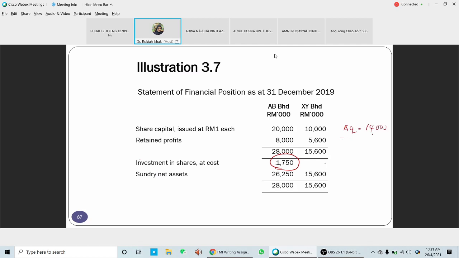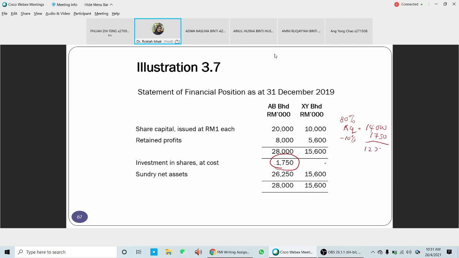Now the value of investment is only 1750, when you have 10% here. So reducing in the CA here. The CA here will be 14 minus 1750. So okay, what you have here? 14 minus 1750.